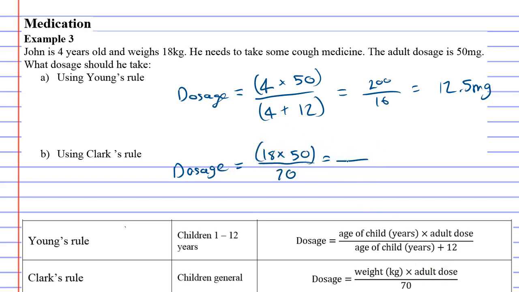For fractions, we should work out the top and bottom before we divide, which gives 900. So this is going to be 900 over 70, and 900 divided by 70 is 12.9 milligrams, to 1 decimal place.